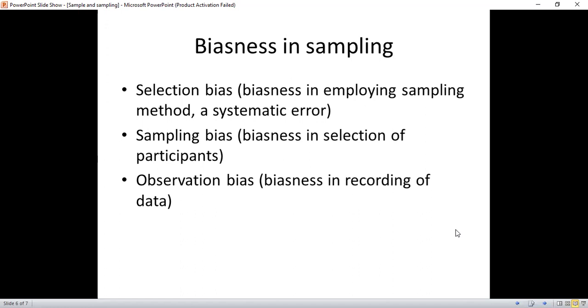Sampling bias is the biasness in selection of participants. If we survived the selection bias and we employ a particular sampling method which is considered appropriate, which has been successfully defended as appropriate, there is still a chance that there might be sampling bias. In a particular population, certain participants always tend to have more chances of getting selected. For example, people who voluntarily agree to be a participant.